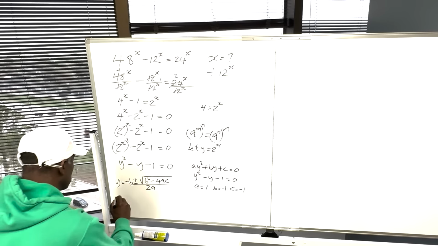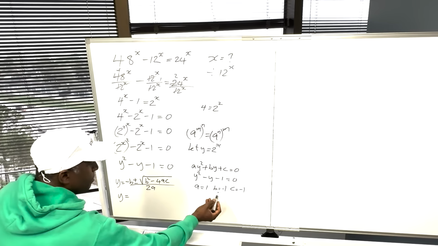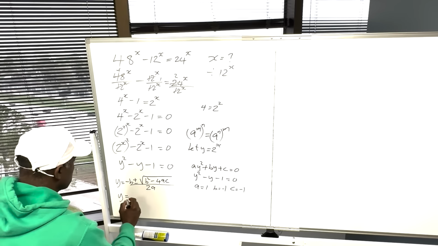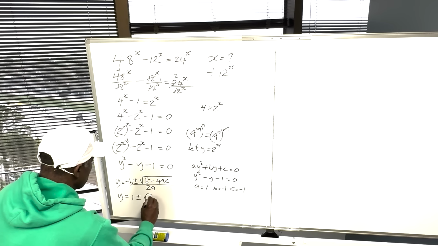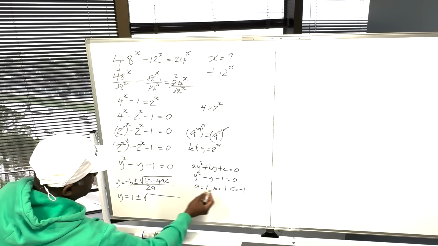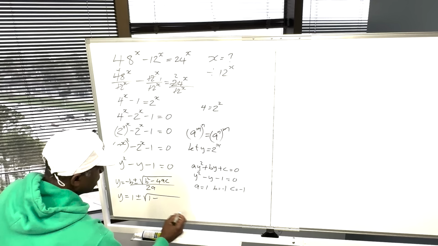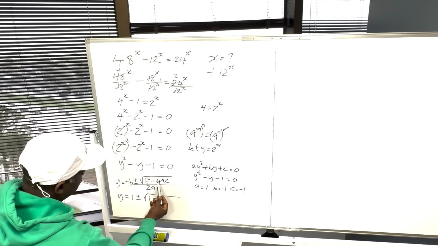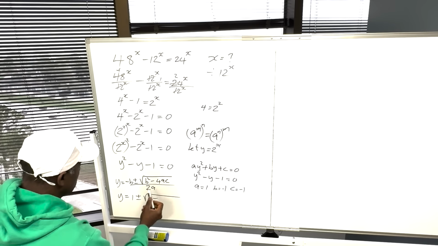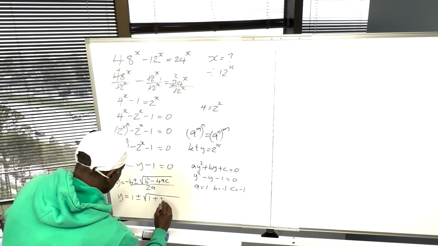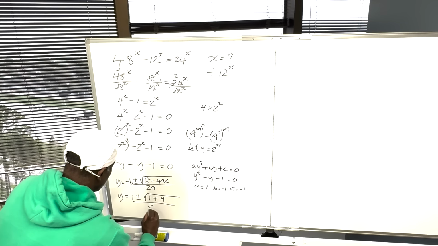And what we have is y is equal to, b is minus 1, so that is 1 plus or minus the square root of b, which is minus 1 squared, is 1 minus, and we have 4ac, c is minus 1, so that is minus 4, so that's plus 4, all over 2.